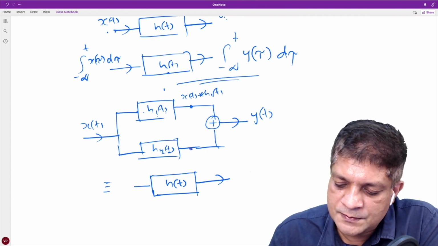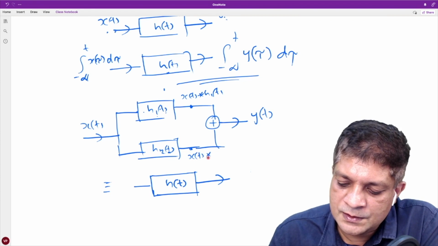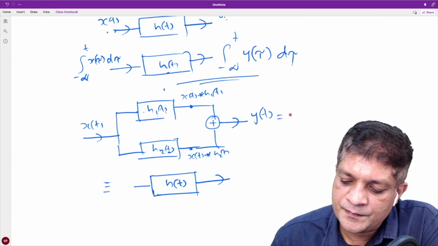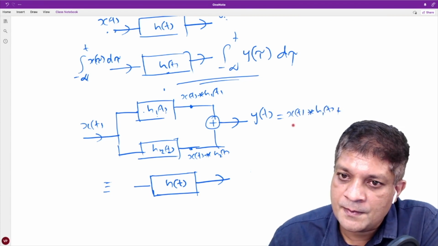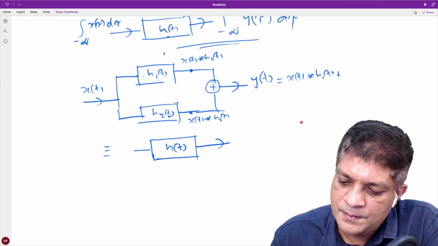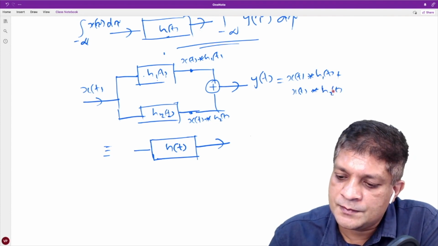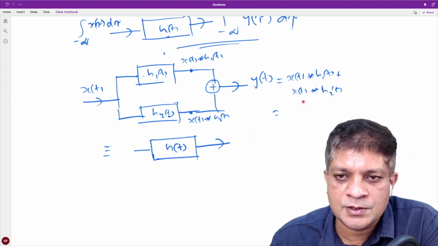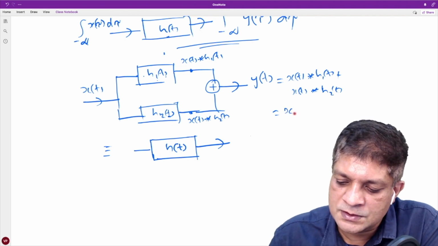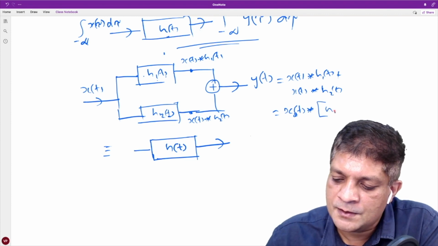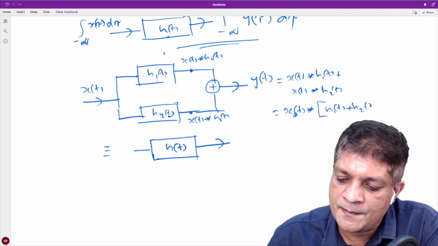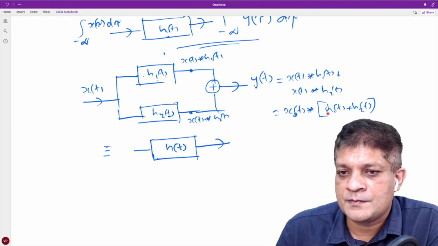And the second is x(t) convolution h2(t). So the total output is x(t) convolution h1(t) plus x(t) convolution h2(t). Now we can use the distributive property to simplify this. This is the same as x(t) convolution (h1(t) plus h2(t)).